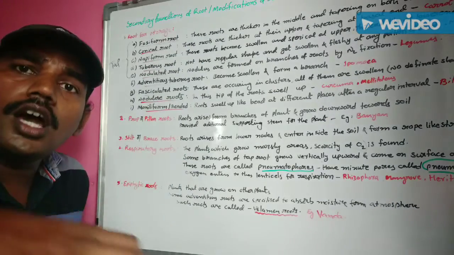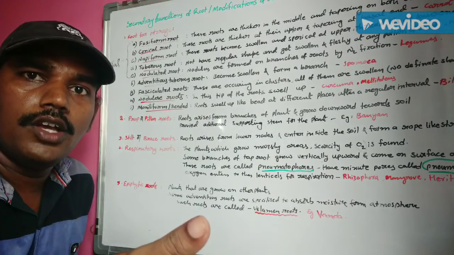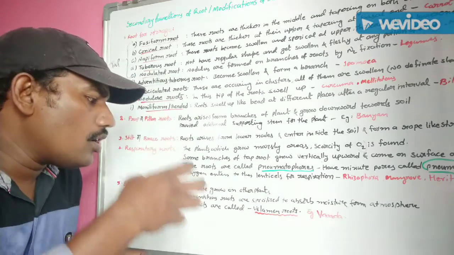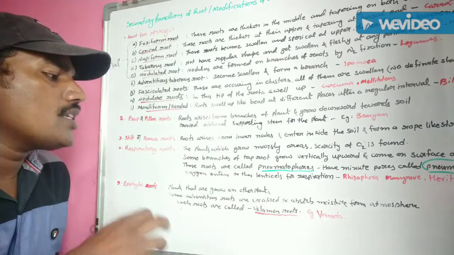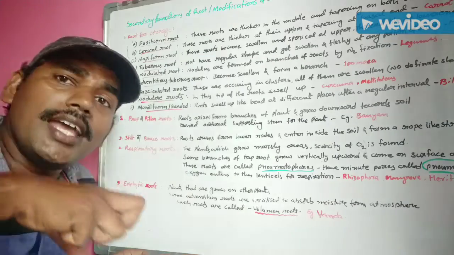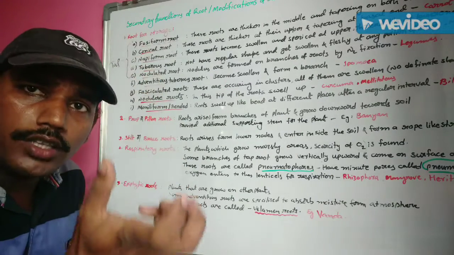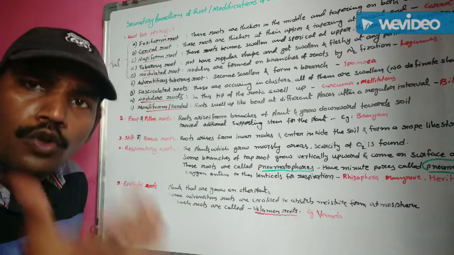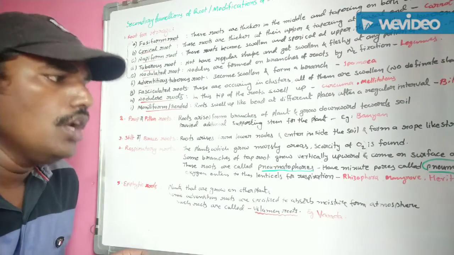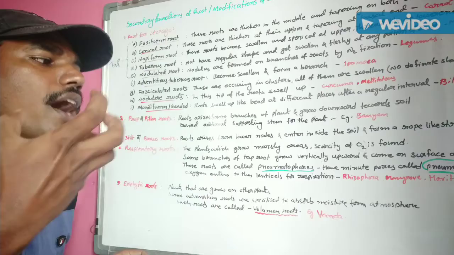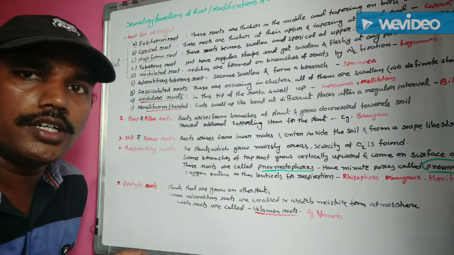They are present on other plants. So these epiphytic plants produce some specialized roots that hang freely from the branch of the host. These roots absorb moisture from the atmosphere.